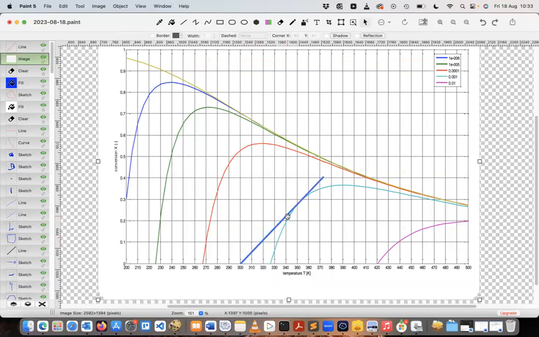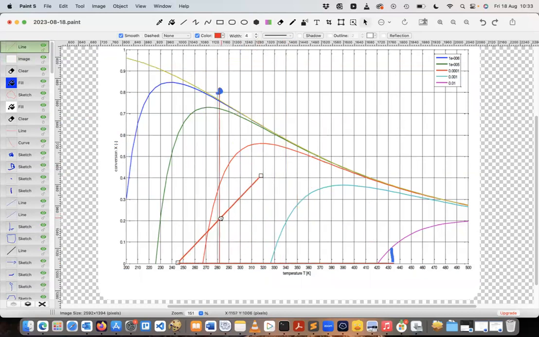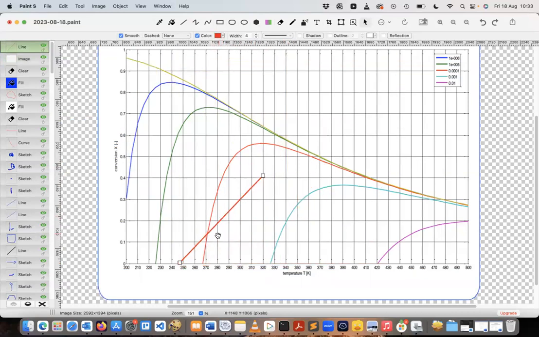But there is a limit to how high the conversion can be, and that limit is dependent on the inlet temperature. So for an inlet temperature of 300, we are limited to a maximum conversion of something like 0.48. Then we can choose a different inlet temperature, and if we choose one, say here, we've got access to a higher conversion and so on.